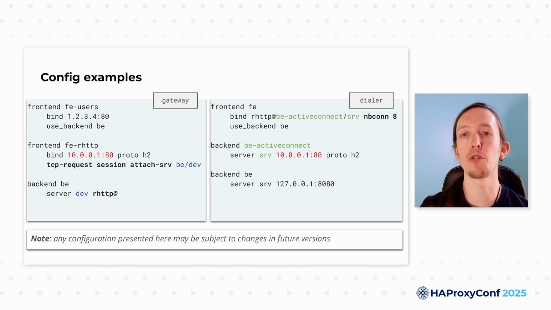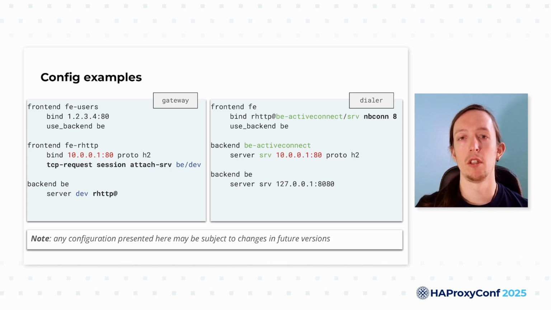Now the dialer configuration. To open a connection, the dialer relies on a bind also with an HTTP address. This bind specifies an internal backend to specify the endpoint of the gateway.